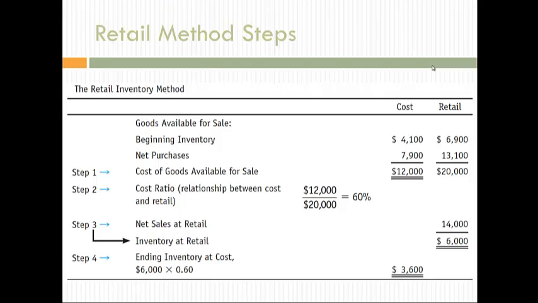Now $20,000 minus $14,000 is $6,000. Step 4 is to multiply the ratio from step 2 by the number we arrived at in step 3. 6,000 times 60% equals $3,600. So $3,600 is the value of ending inventory, and this is the number we use for inventory on our balance sheet.